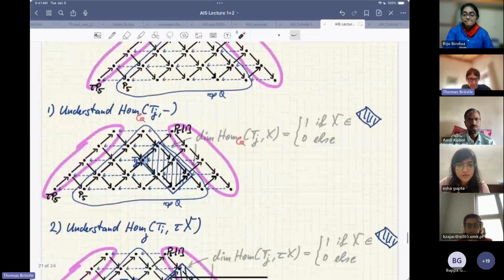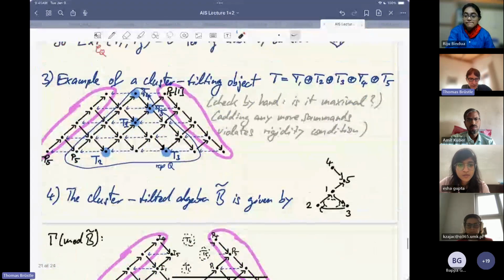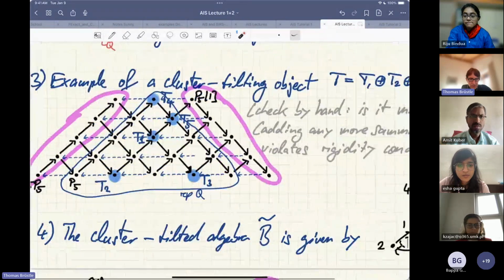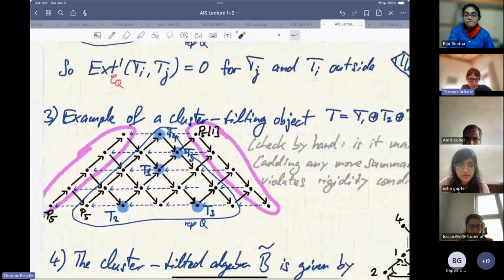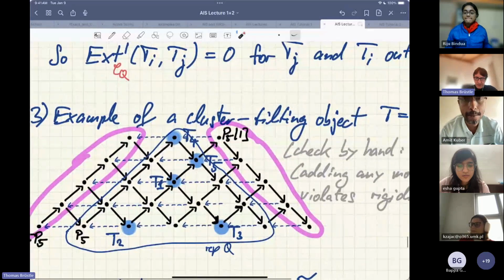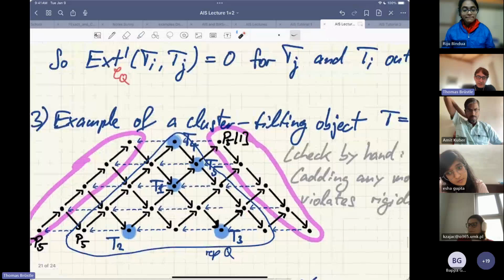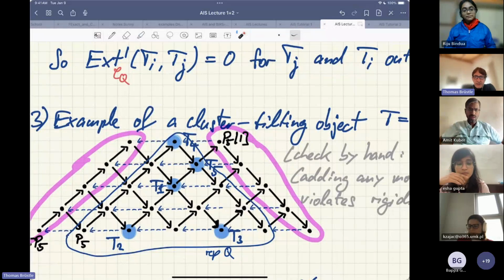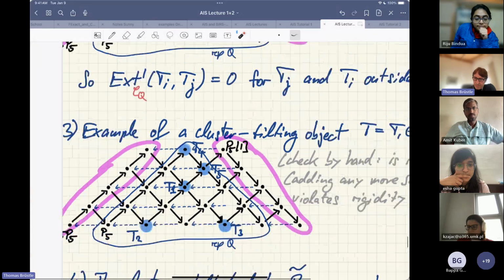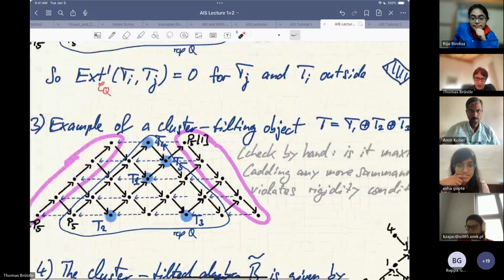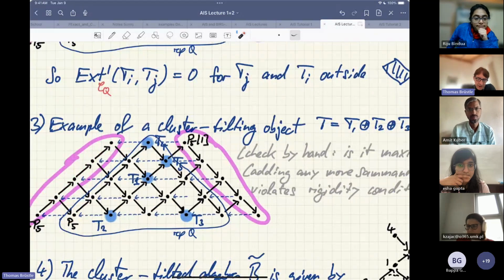Let me just finish off with the example. I will do this tomorrow again, but just to address the question that we had. So I have my cluster tilting category for the same quiver of type A5. Here are the same representations.